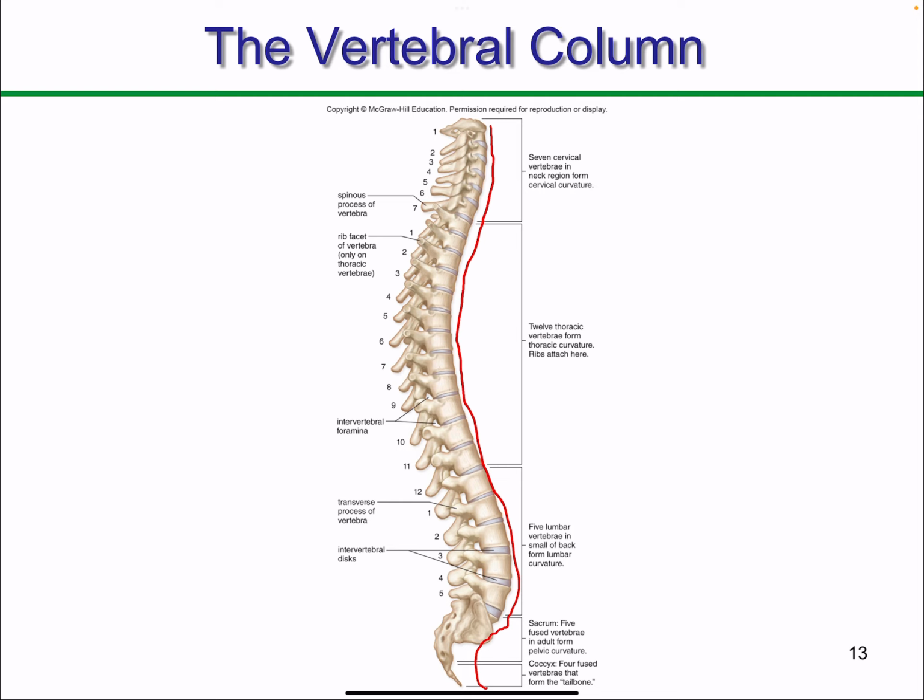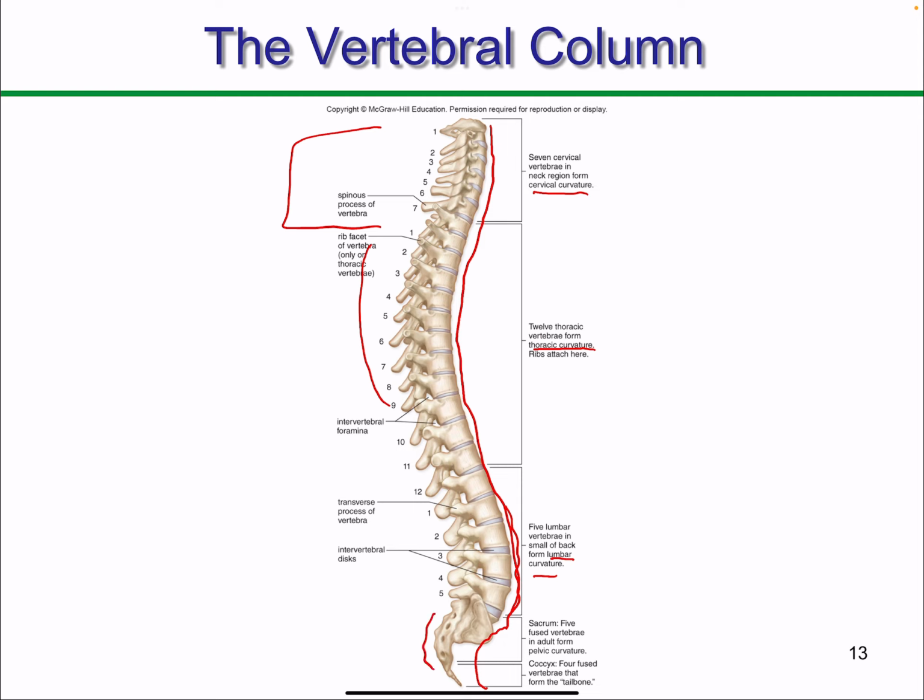You have one curvature here that we call the cervical curvature, okay? You have the thoracic curvature, where you're going to have the thoracic vertebrae. Then you're going to have the lumbar curvature right here. And finally, you're going to have the pelvic curvature.